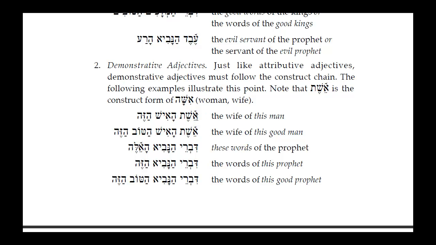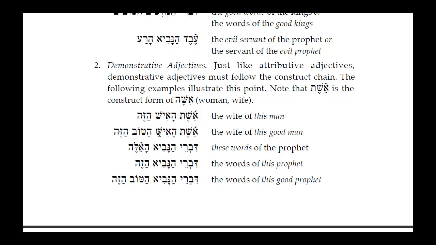Remember, the definite article comes off of the absolute noun, Ha'ish. Ish has a definite article, ha, here. So it would be the wife of this man. It's more specific than the man. And we have Hazeh, which agrees with Ha'ish in gender, number, and definiteness.